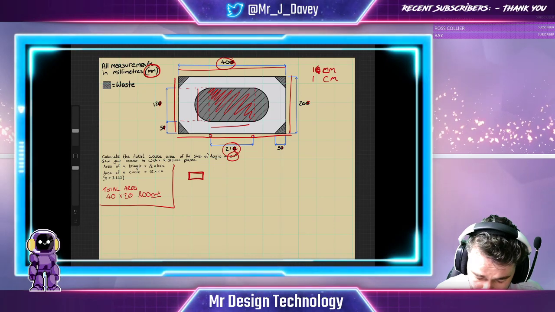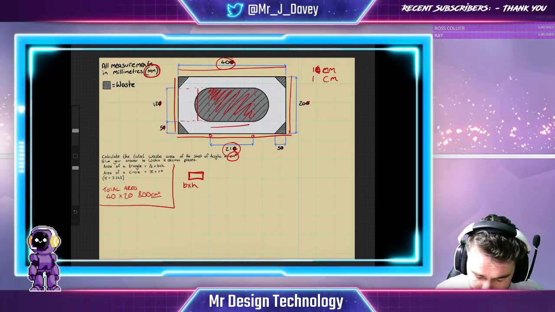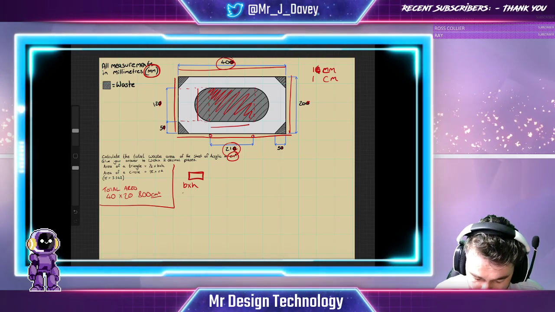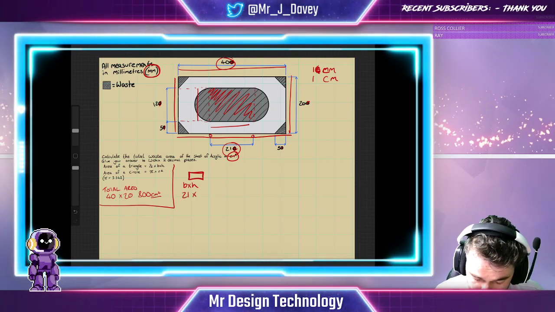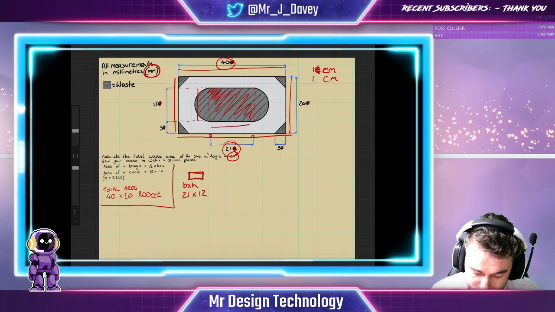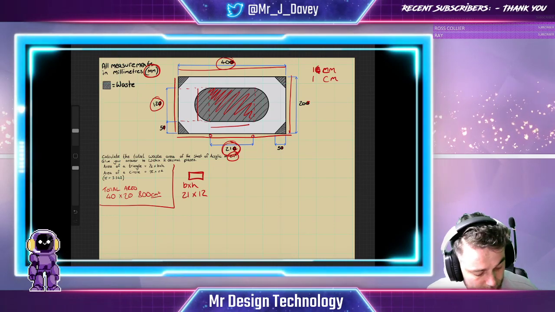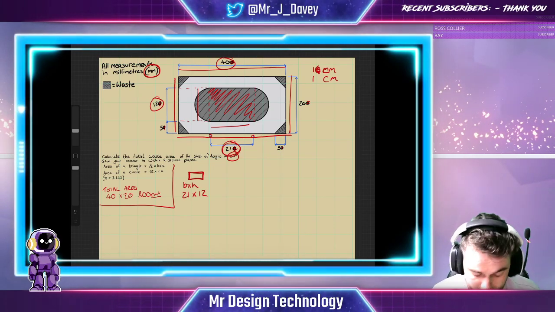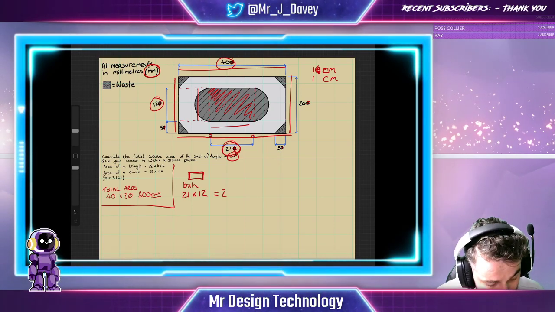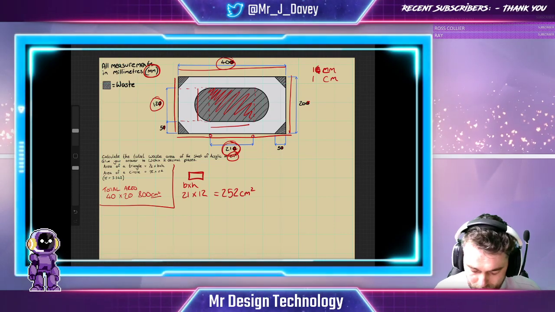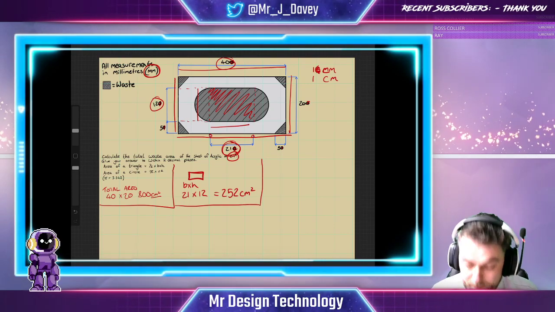So a rectangle is base times height, which in this case will be 21 times 12. So I've got this one times by this one. So in the calculator I crunch 21 times 12 and I end up with 252 centimetres squared. Okay, I'll box that off for now.